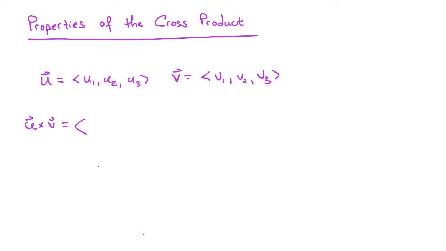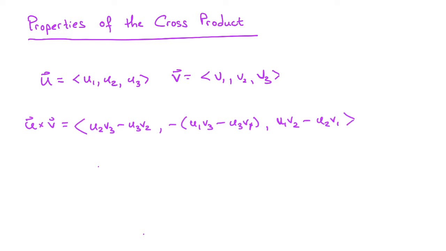For our first component, it will be u2 times v3 minus u3 times v2. For our second component, we have an alternating sign, so we have a negative, then u1 times v3 minus u3 times v1. And finally, for our third component, we have u1 v2 minus u2 times v1.